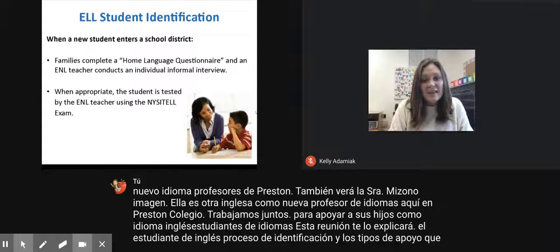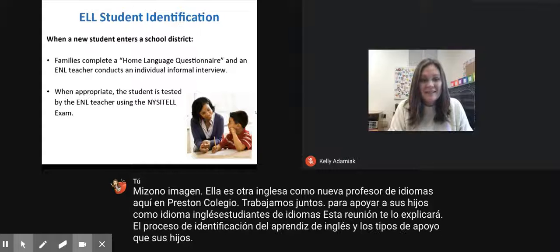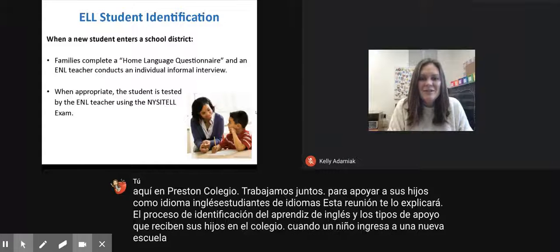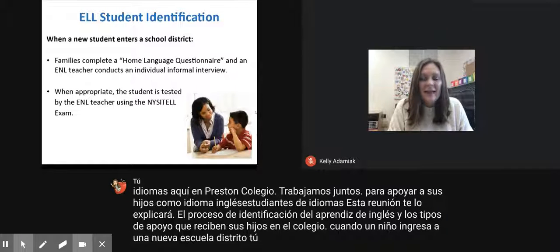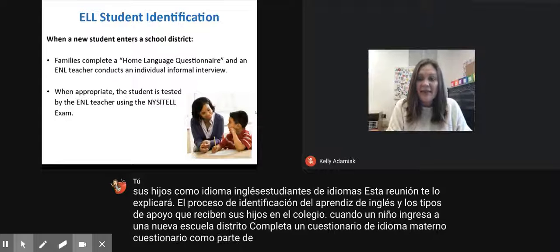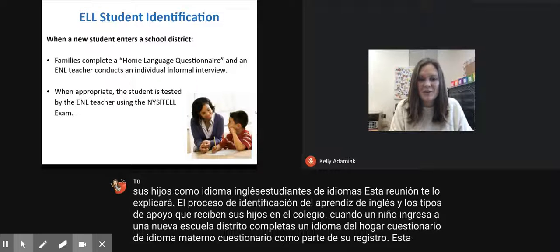When a child enters a new school district, you complete a home language questionnaire as part of their registration. This means that you share the languages that you speak at home. And when appropriate, students are given an English proficiency exam to determine if they may benefit from English language support at school.